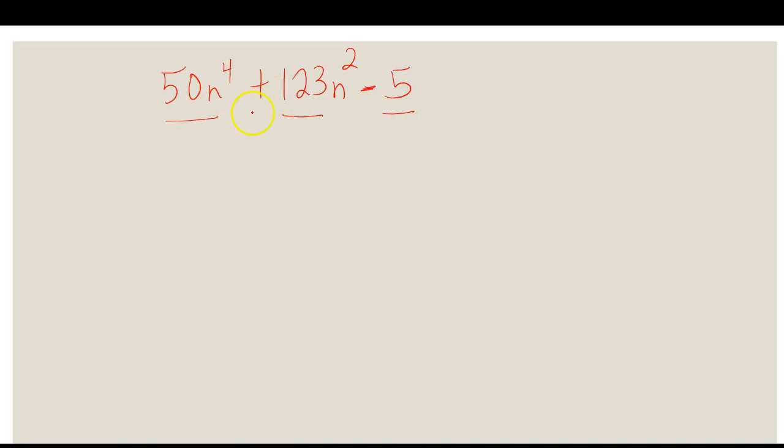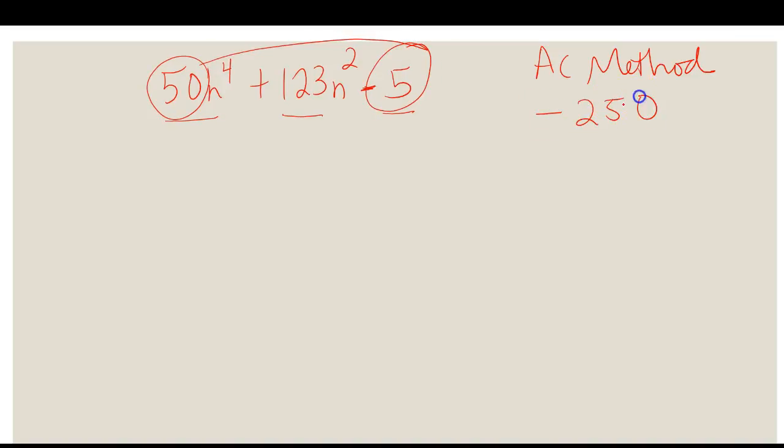Because it's what I call the other case, meaning that the leading coefficient is not 1, I will employ the AC method. So we're going to multiply 50 times -5, which is -250. And then we're trying to find factors of that -250 that will add up to 123.